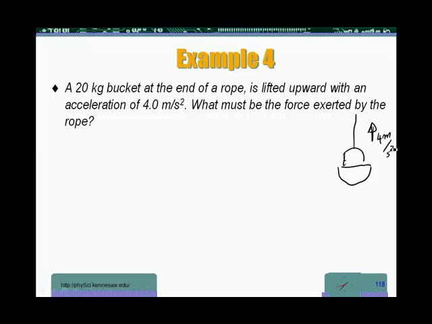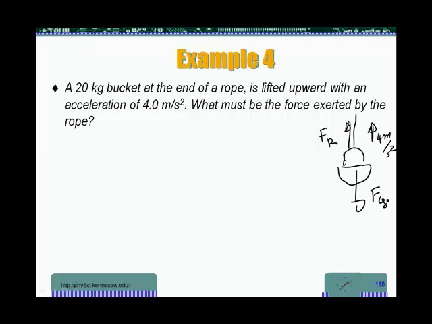The question is, what force must be exerted by the rope? So what are the other forces acting on the bucket? Okay, there is the force of the rope, let's call it Fr, the gravitational force Fg, and that's it. Since it's not touching any surface, there will be no friction, no normal force. That's all what we have.